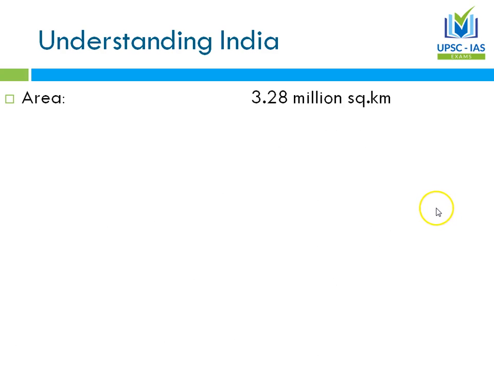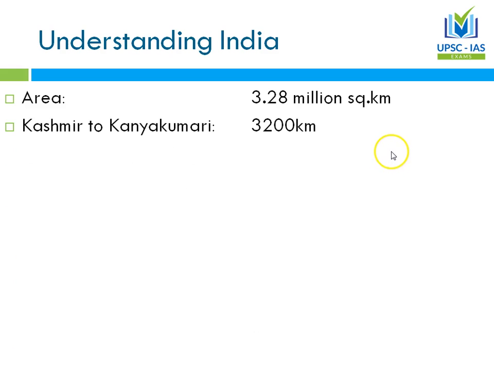Now, the reason why we call India a vast geographical country is because the total area of our country is 3.28 million square kilometers. Right? India is the seventh largest country of the world, and in the population context, it is the second most populated country in the world, right? We know it very well.